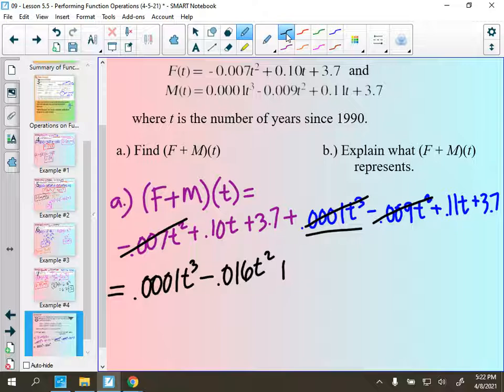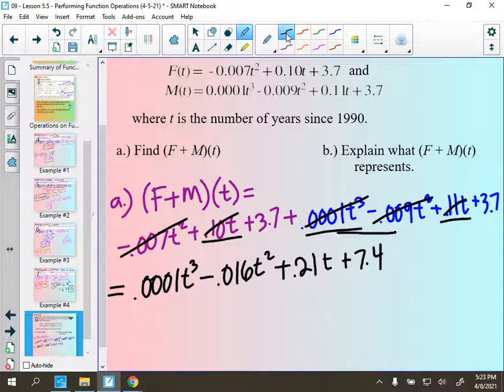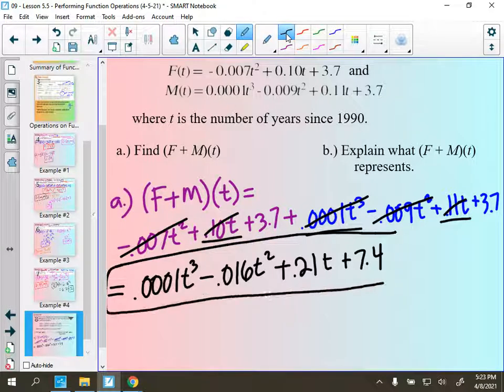Plus, right here, 0.1, 0.11, so 0.21 t. And then 7.4 plus 7.4. We did it. Other than working with the decimals, which use your calculator, that wasn't bad.